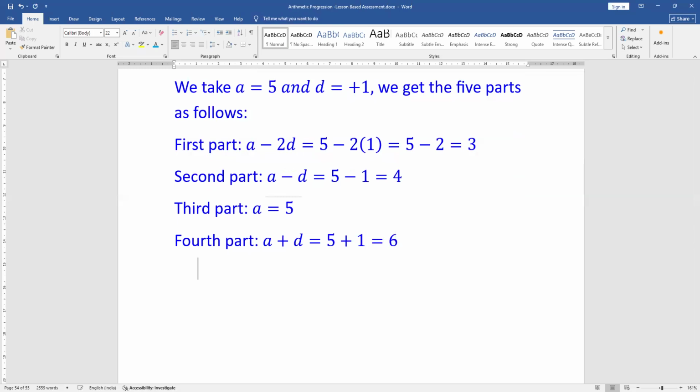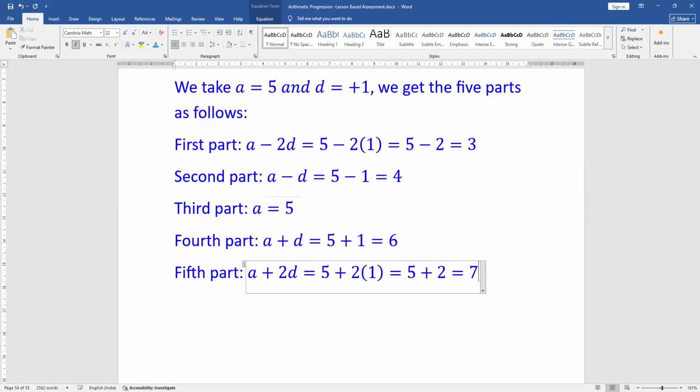And then the last part, the fifth part, which is nothing but a plus 2d, correct? So 5 plus 2 into d value, which is 1, which is equal to 7. Again, 5 plus 2 which is equal to 7.